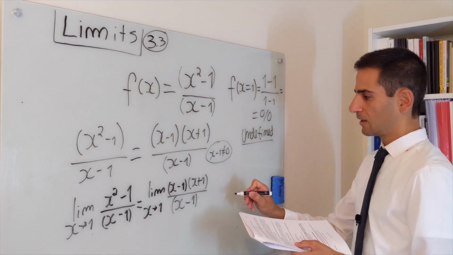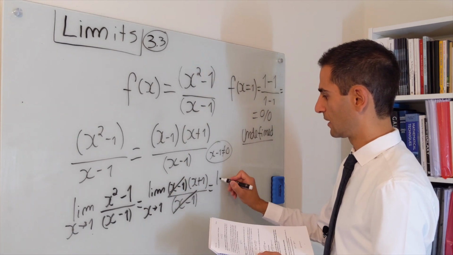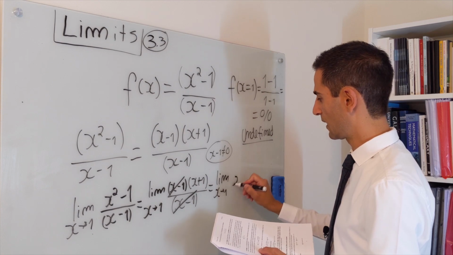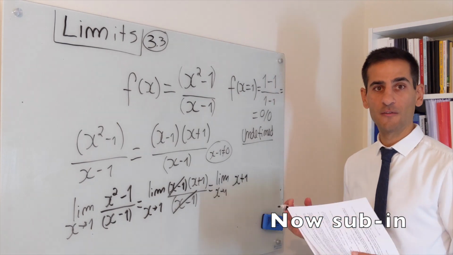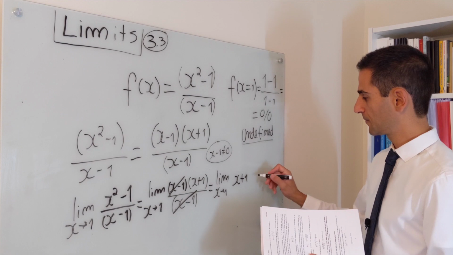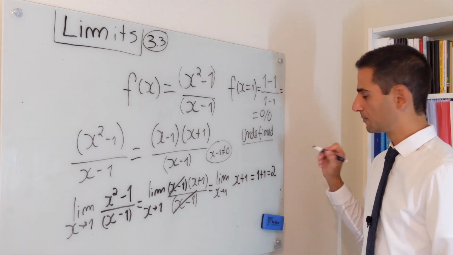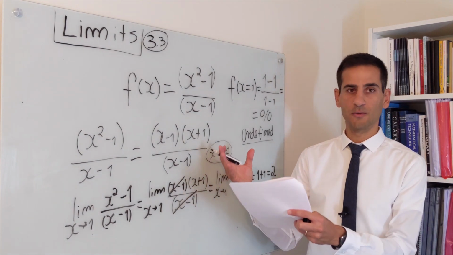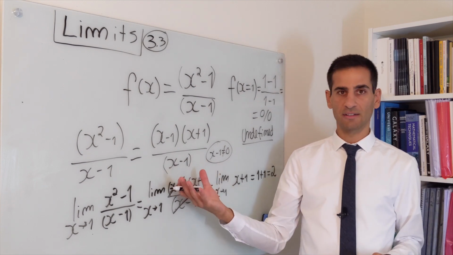And the great thing is that you can actually cancel these terms and end up with the limit when x goes to 1 of x plus 1, which you can very easily solve, because in this case you can plug it in and you get 1 plus 1, which is 2. So this is a simple case where if you re-express your original limit, you can cancel out a term.